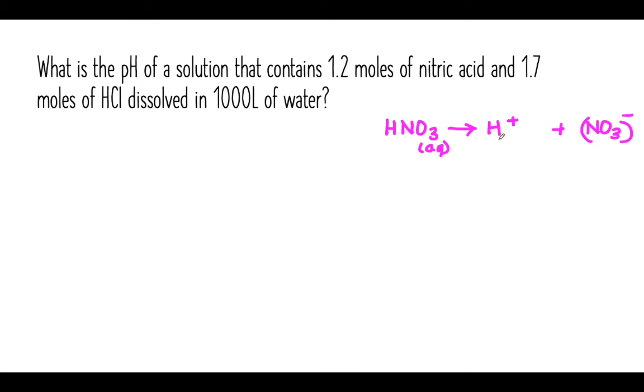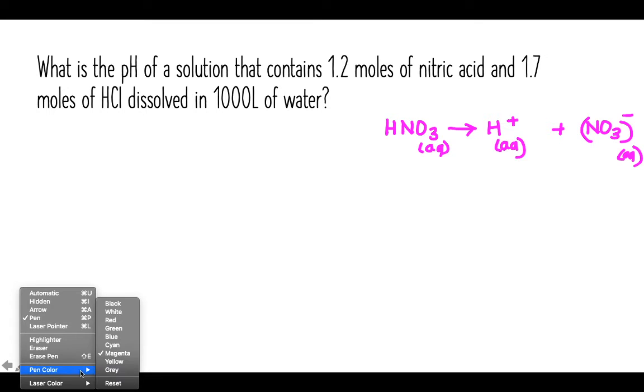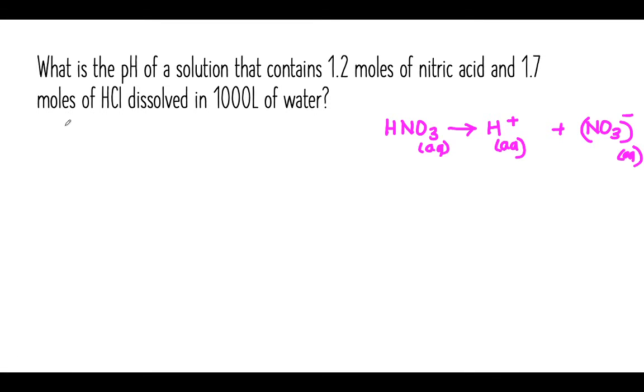If it's in water, it'll get broken down into H plus and NO3 minus. The other acid, HCl, is the same one that we saw in our previous example. So HCl also breaks apart into H plus and Cl minus.